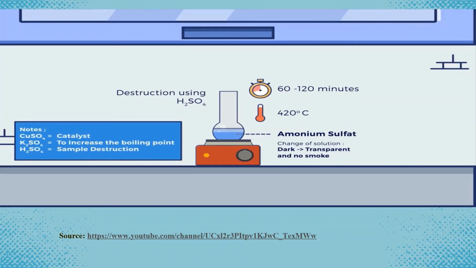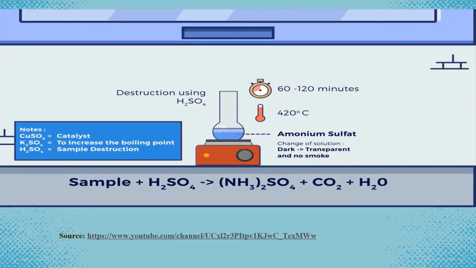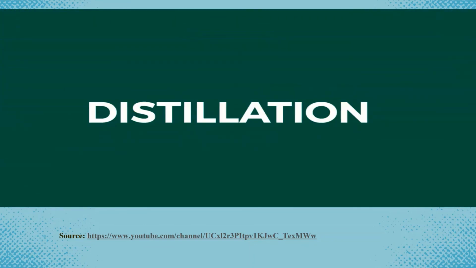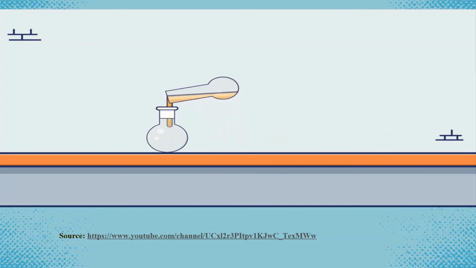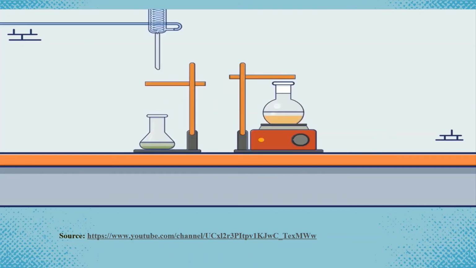Now, after the digestion process, our next step is the distillation process. Here digestion completes, and now we'll move on to the distillation process. For the distillation process, first we weigh out our sodium hydroxide that will be added to the solution that was produced after the destruction process. Distillation is carried out, and the ammonia that is produced during the distillation is added to the flask, and now condensation is carried out.